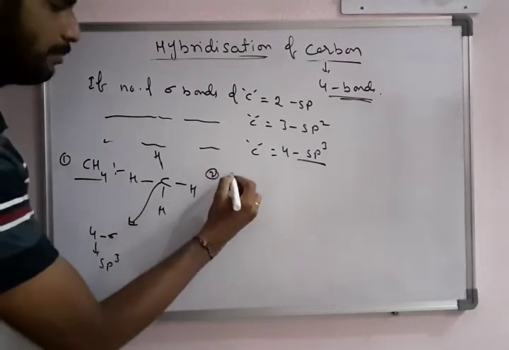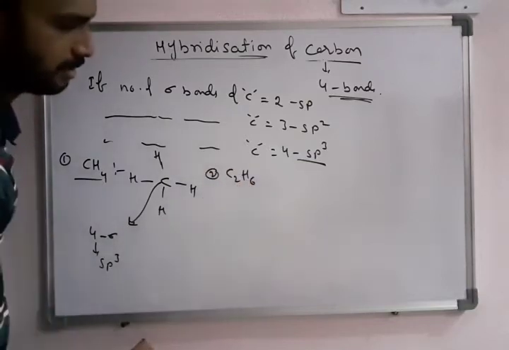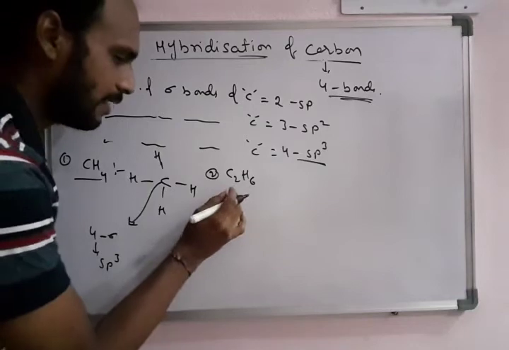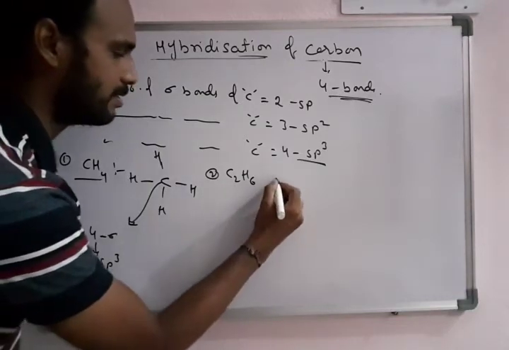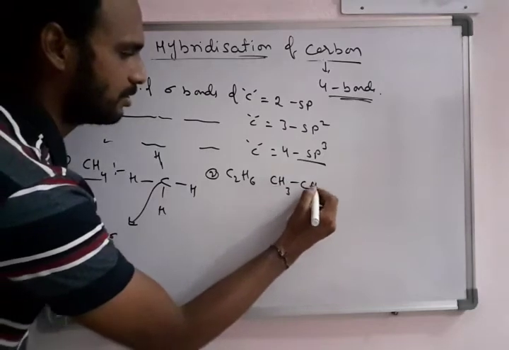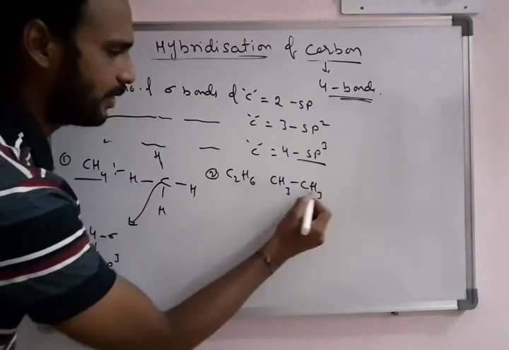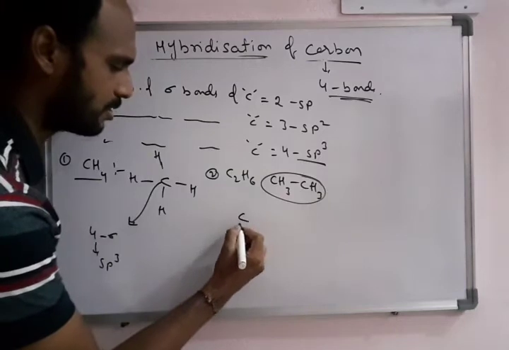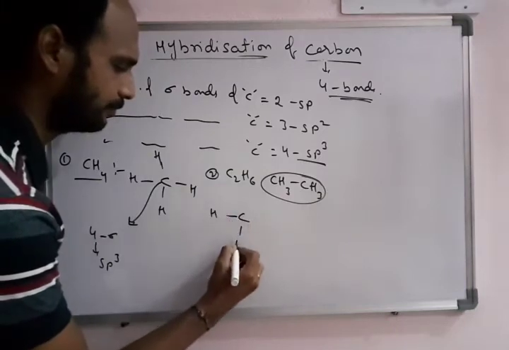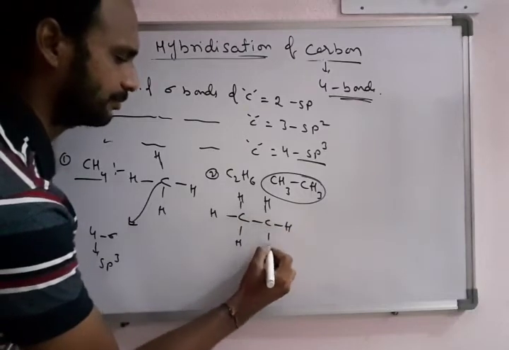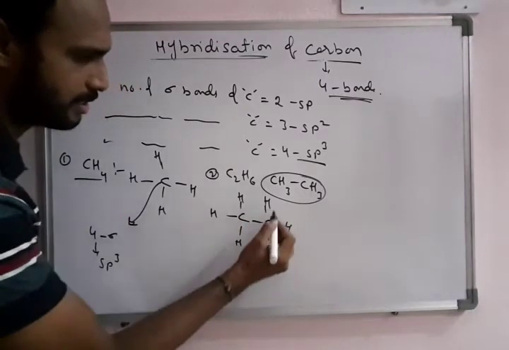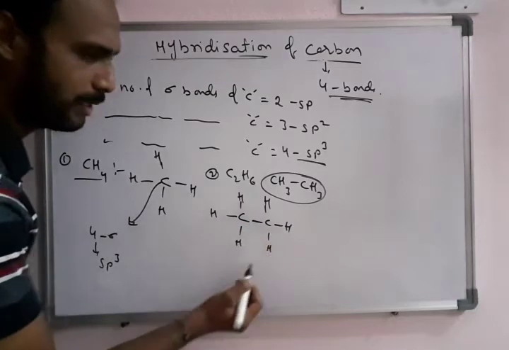And we take another compound, C2H6. Here we need to give its normal structure. C2H6 we can write as CH3 and CH3. We can expand this CH3 bond CH3 like this. Carbon must possess 4 bonds. So this is CH3, CH3, two parts connected by 1 bond.